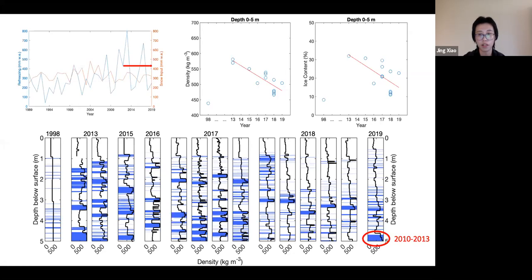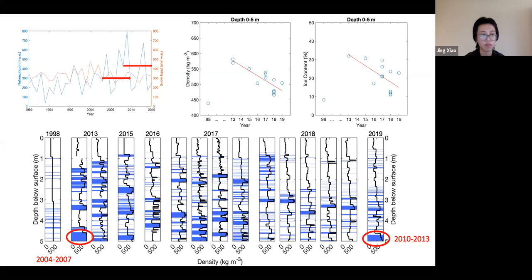For example, here in this 2019 core, the thick ice layer at the bottom at 5-meter depth is likely from 2010 to 2013. I also mark this time range of this core in the MAR data here. And for example, in the 2013 core, the bottom thick ice layer is likely from about 2004 to 2007.